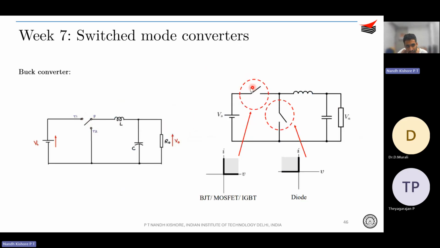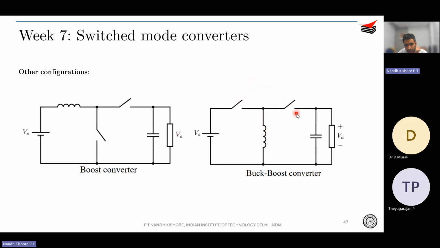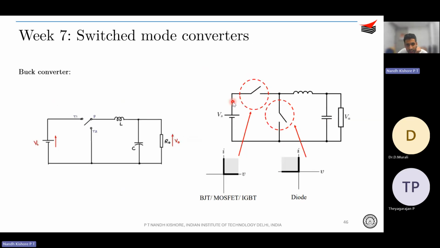It turns out that the pole between T1 and P can be realized with a MOSFET or IGBT or BJT because it has to block positive voltage and conduct positive current. Whereas from T2 to P, you need to have a diode because it needs to block negative voltage and it should conduct positive current. So that is how we realize that.